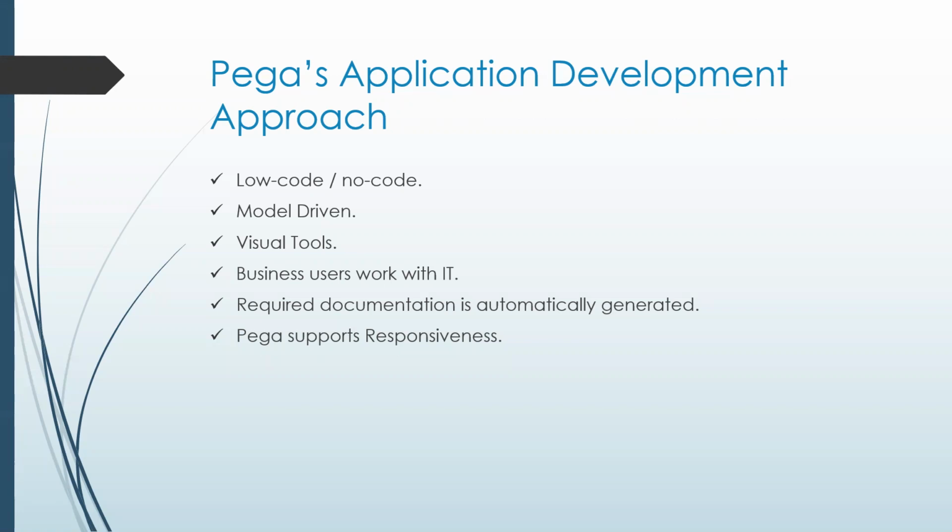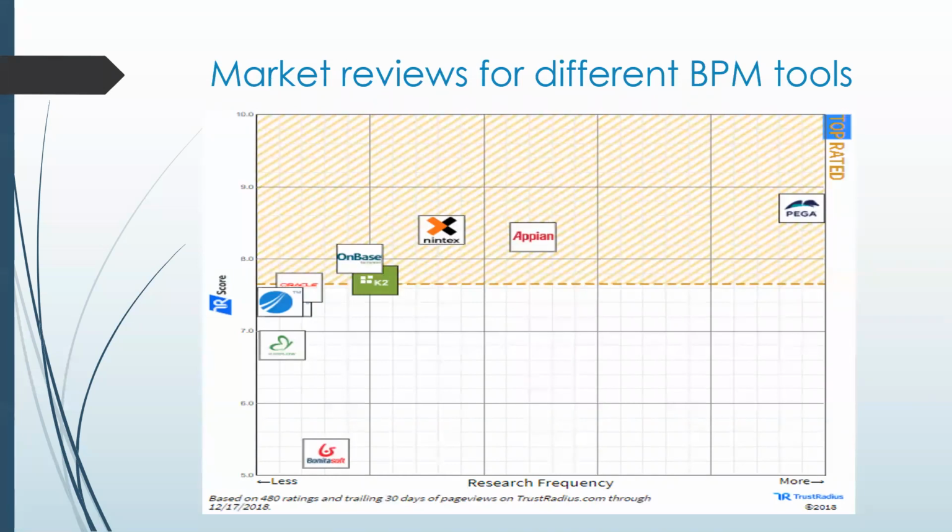Once you build the application, you can access it across any device, any screen resolution, any device size. The system will take care of adjusting the screen according to the device size and resolution. So Pega supports responsiveness. These are the key factors that come with the application development approach.